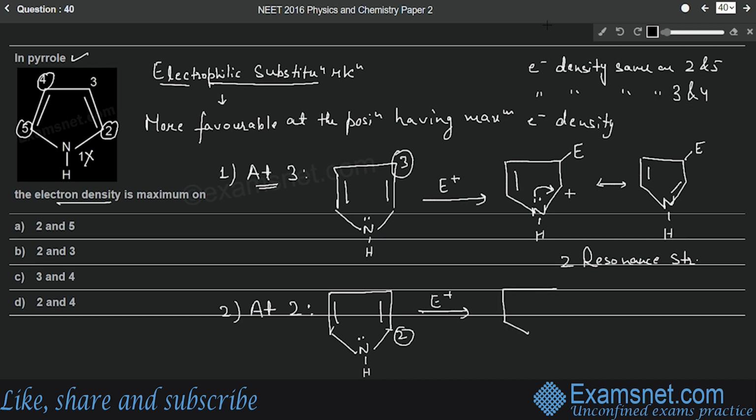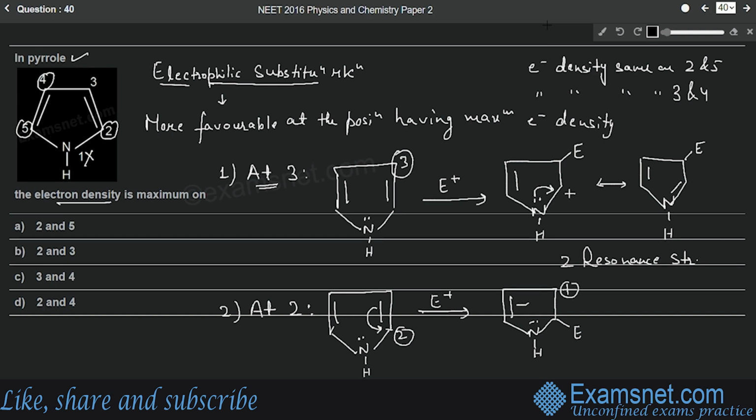Now let's see what happens. At this position electrophile has been added because this bond has moved at this position, okay. So the other bond remains at the same position, but after that there is positive charge at this position, okay, because the bond has moved from here, okay.